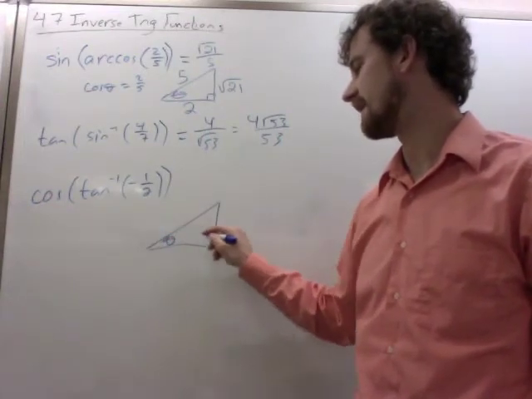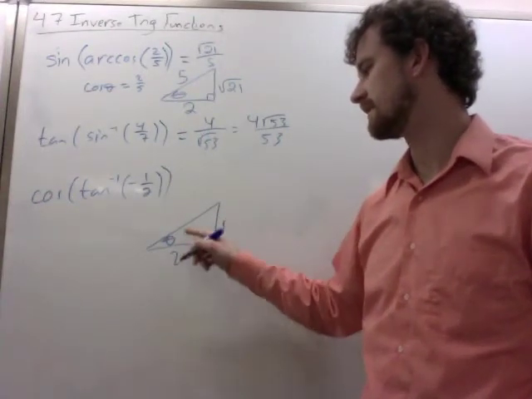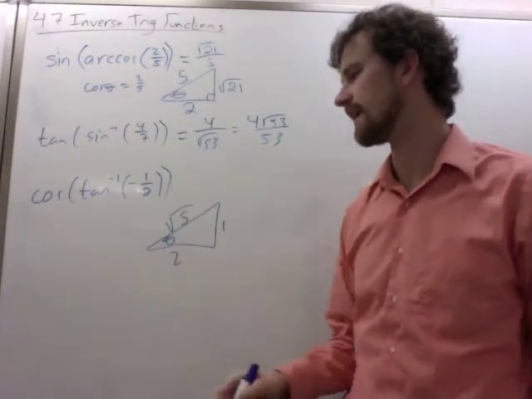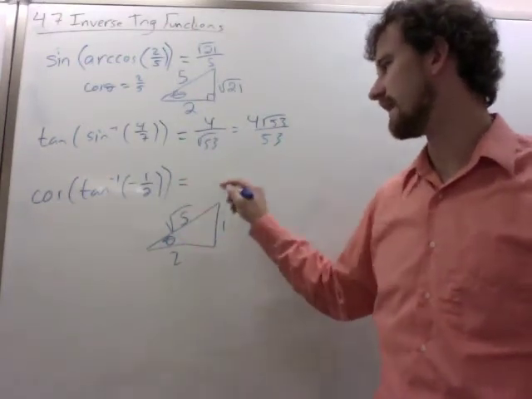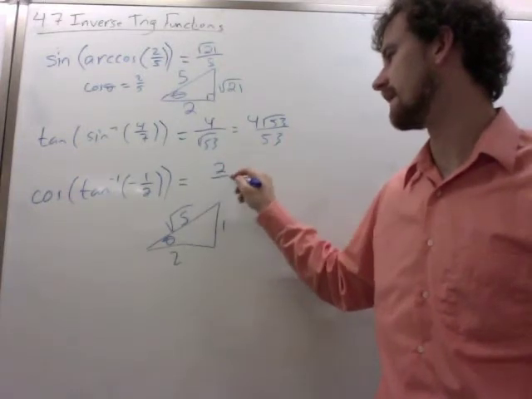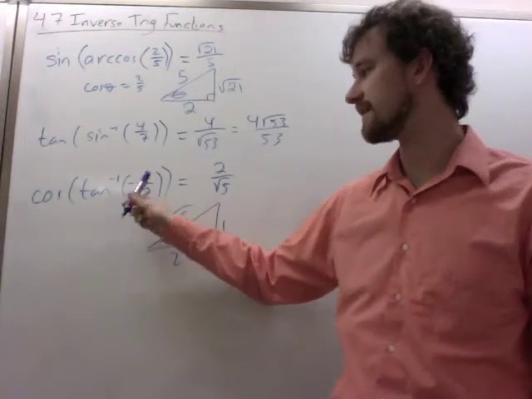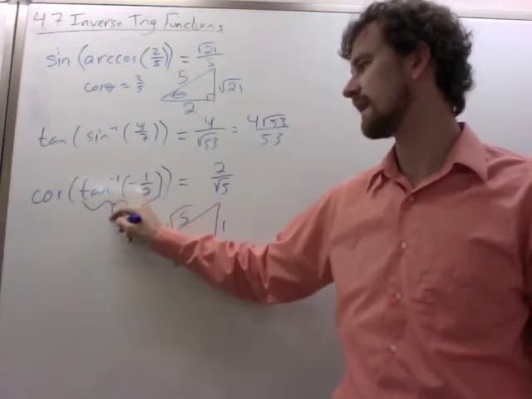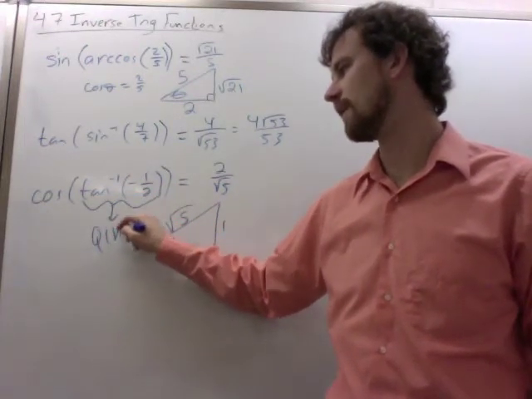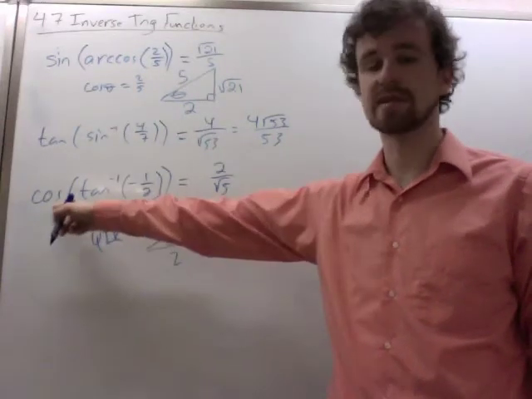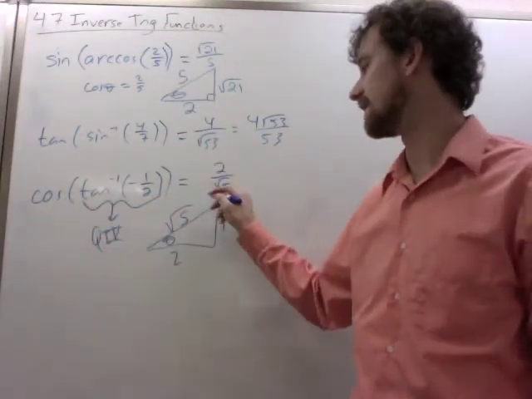The tangent of our angle is 1 over 2, and by Pythagorean theorem, the hypotenuse is the square root of 2 squared plus 1 squared. It's root 5. So cosine of that angle is 2 over root 5. Now let's worry about the negative. Arctangent of a negative will get you a value in quadrant 4. In quadrant 4, the cosine function is positive, so we keep this positive.